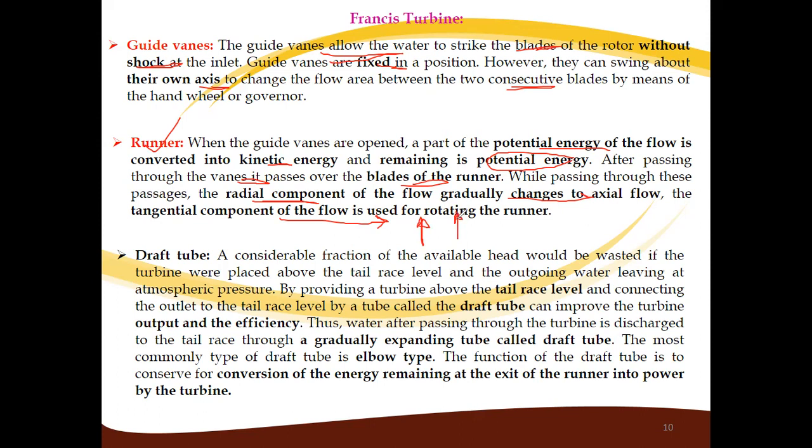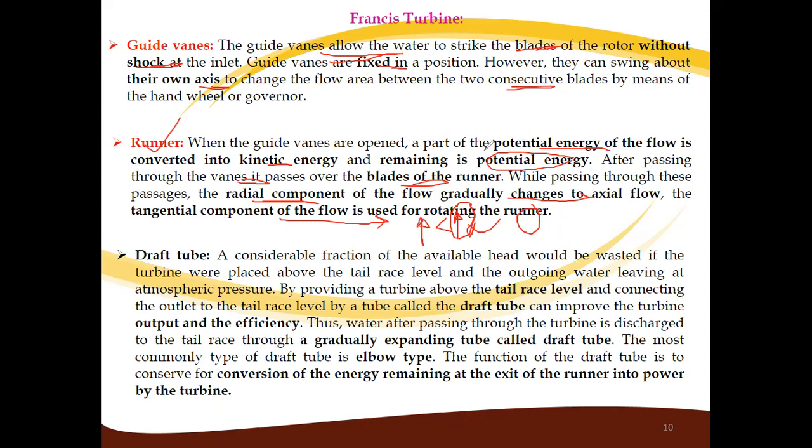But the impulsive force is less than the reactive force, because the reactive force is very high. So because of this reaction force, the turbine runner rotates.